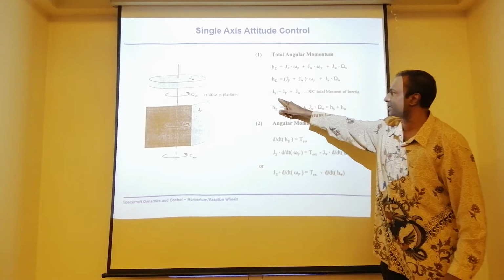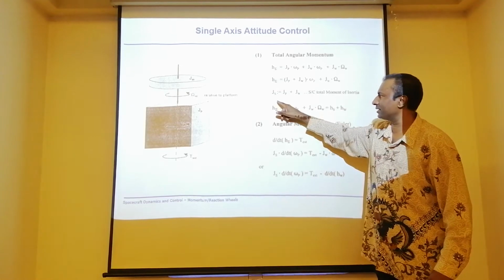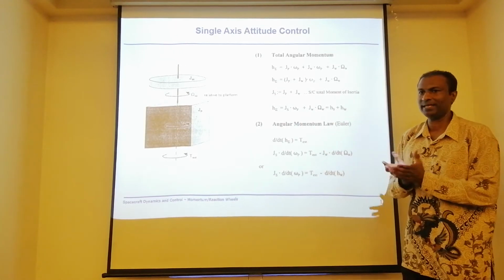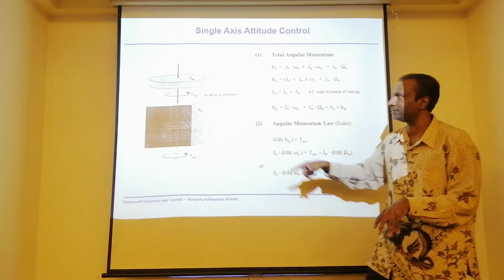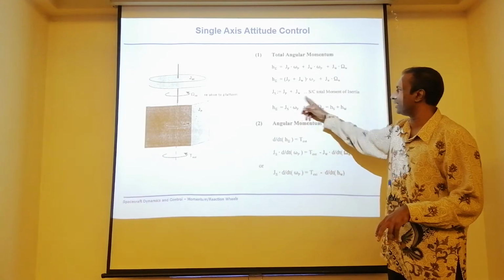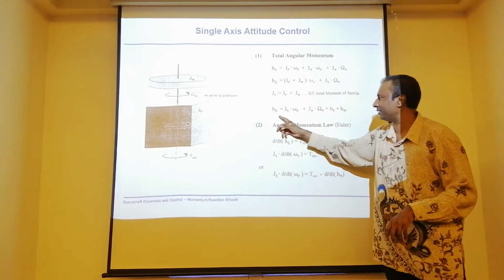So this is exactly the same as what I've written here. The actual inertia of the satellite is inclusive of the wheel inertia. We're done, so I can rewrite it easily.